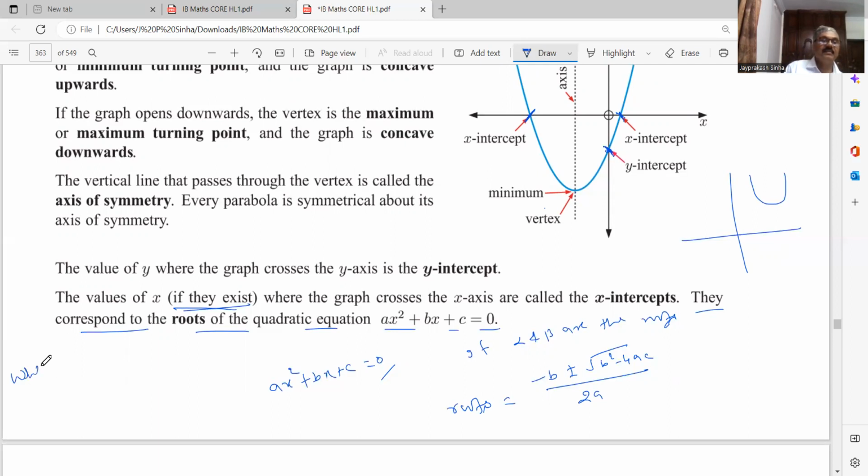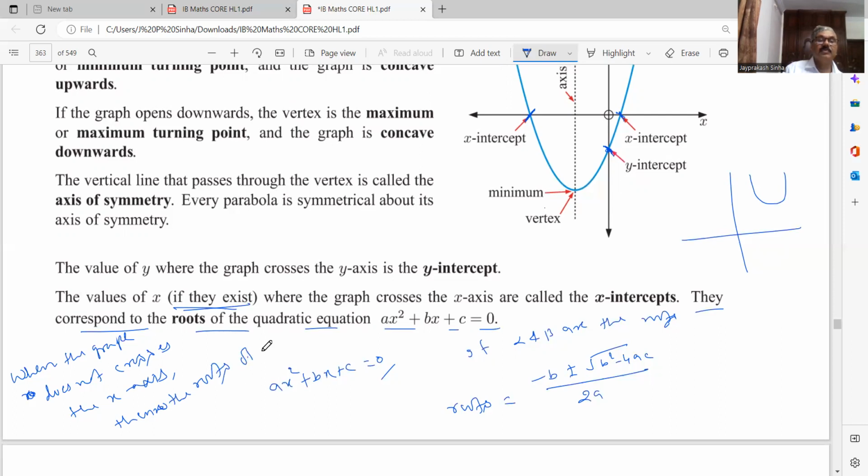When the graph does not cross the x-axis, then the roots of the equation are not real. Okay.